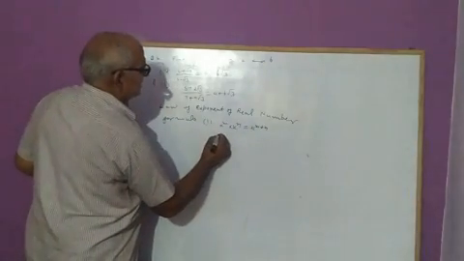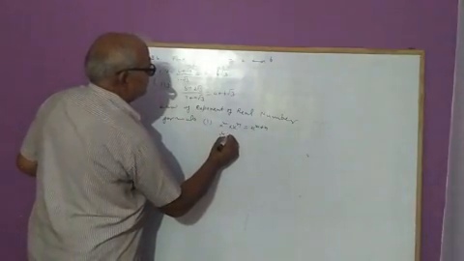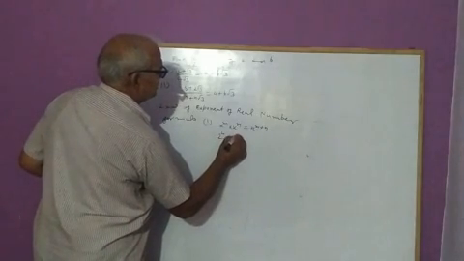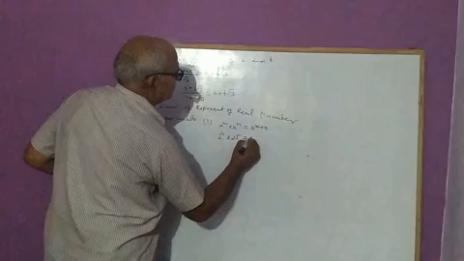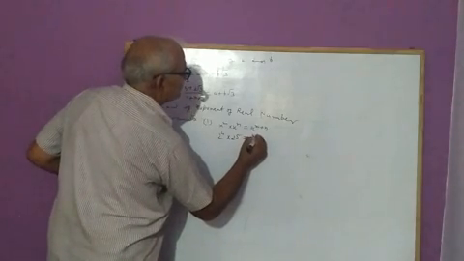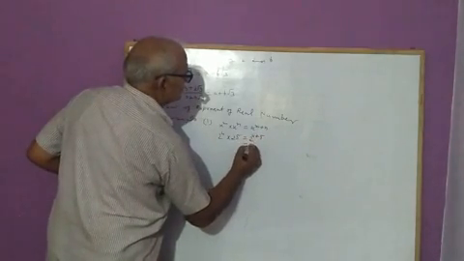Just like 2 to the power 4 into 2 to the power 5 is equal to 2 to the power 4 plus 5, which equals 2 to the power 9.